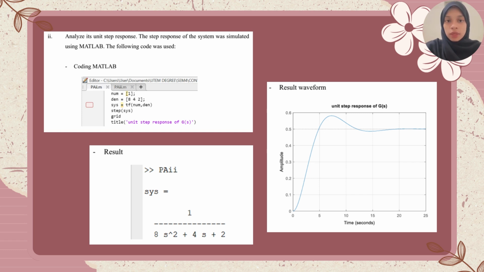Using the step function, we plot the system's step response. The resulting waveform shows how the system behaves over time when subjected to a unit step input. From the graph, we can see that the system has a small overshoot and eventually settles at a steady state value, indicating it is stable and underdamped.